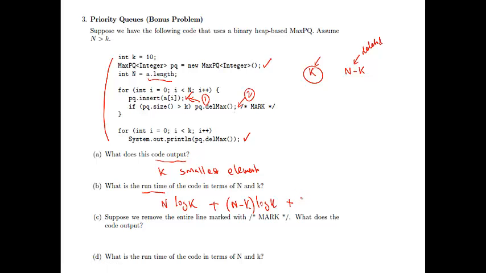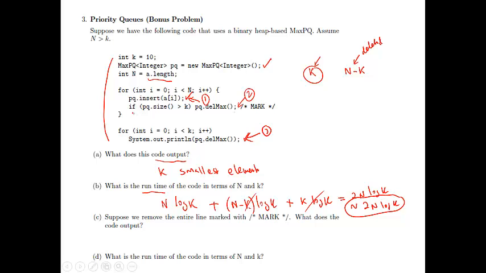So you have k log k operations in step 3. If you do the simplifications, you will notice that these two things cancel out. So you get 2n log k, and you can say this is tilde 2n log k is the complexity of that code.